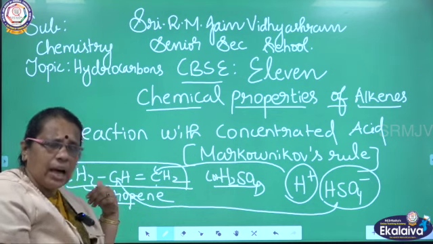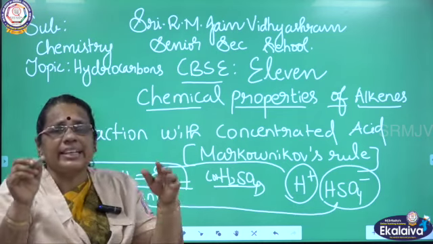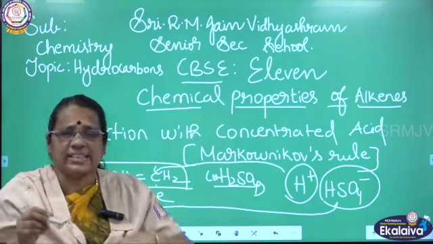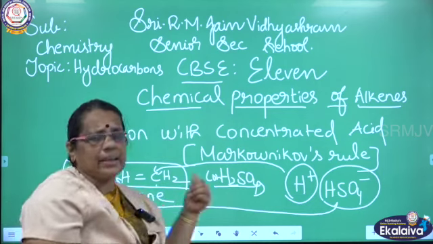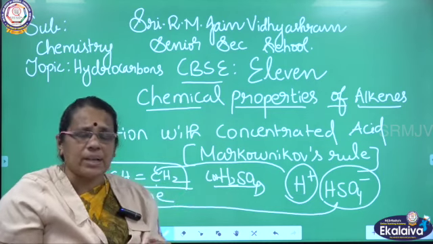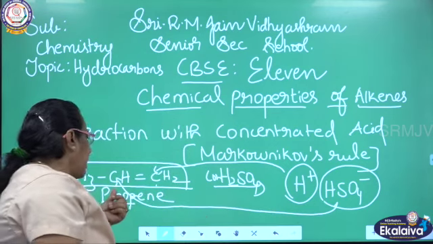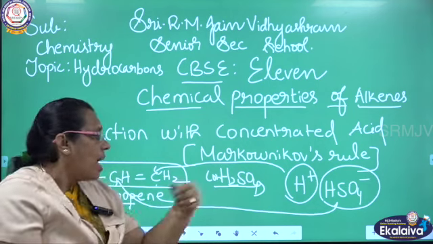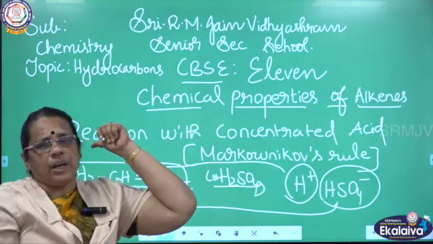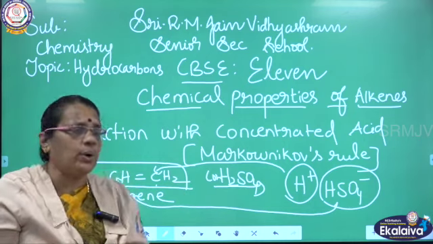In the first carbon, CH3, all the valencies are satisfied. Carbon has 4 valency, so I cannot join there. So the bisulfate ion is added to the carbon having 1 hydrogen, and H plus is added to the carbon having 2 hydrogen atoms.